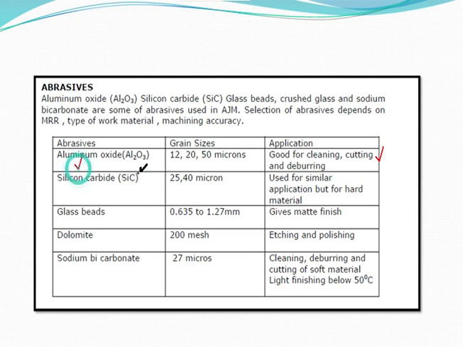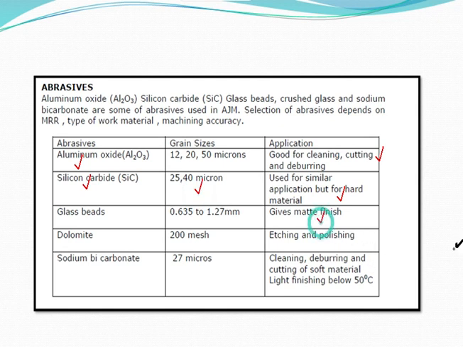Aluminum oxide, and the grain size should vary between 12, 20 or 50 microns. If I want to use it for a similar application for hard material, then I am going to use silicon carbide. It should vary between 25 to 40 microns.